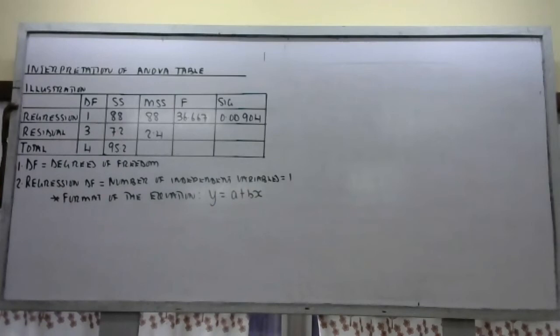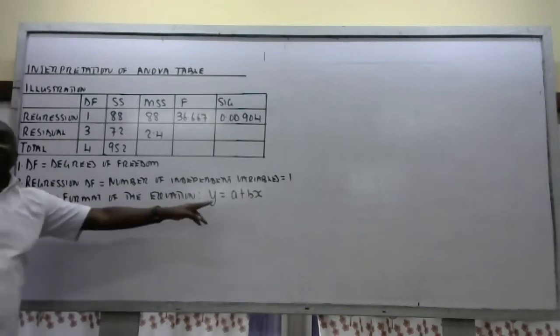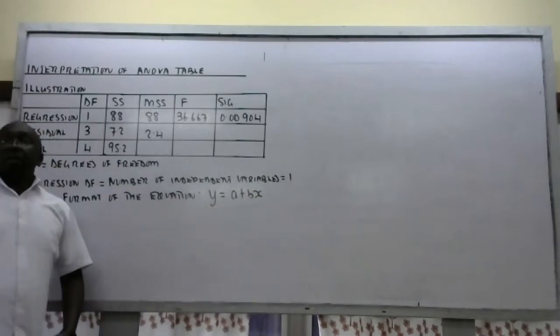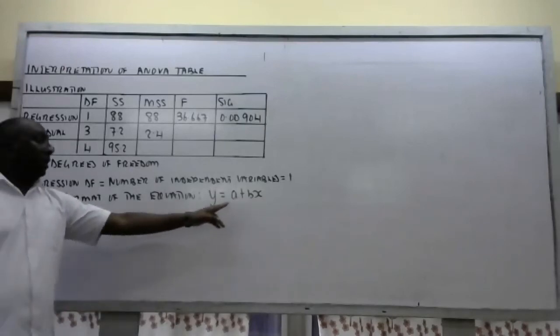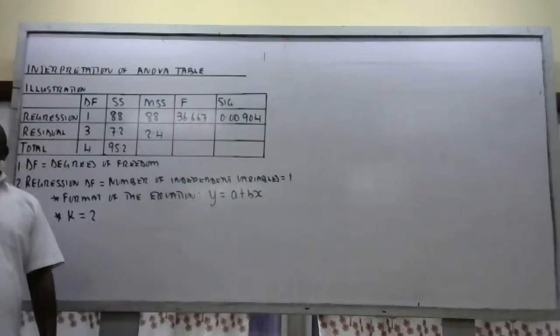An equation that has one independent variable is what we call simple regression. The other thing that helps you know is k. We earlier came across k, and we said if you have an equation like this, k is 2.